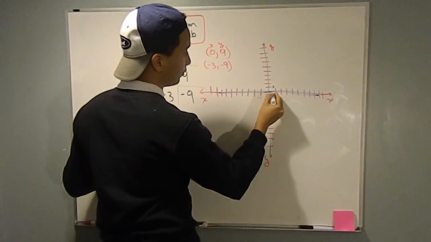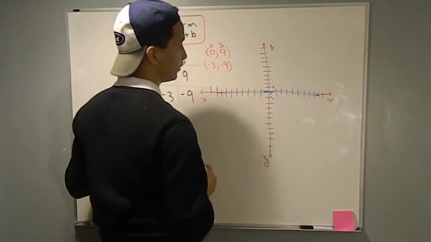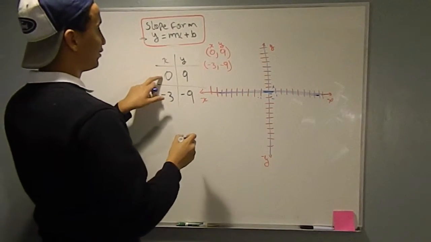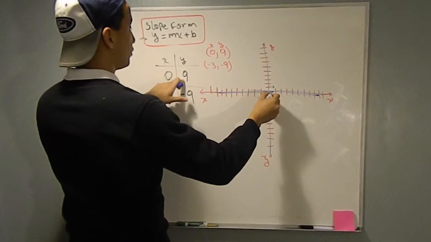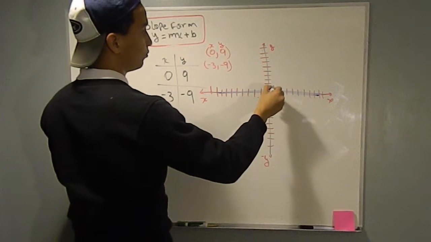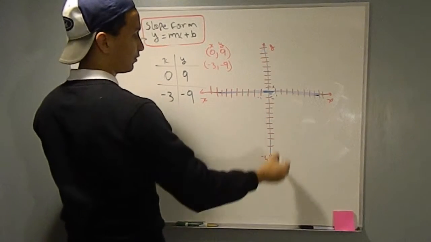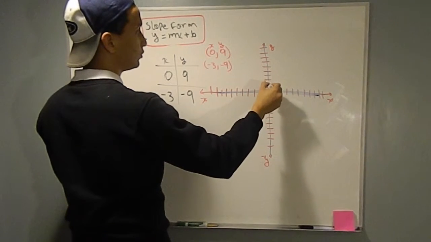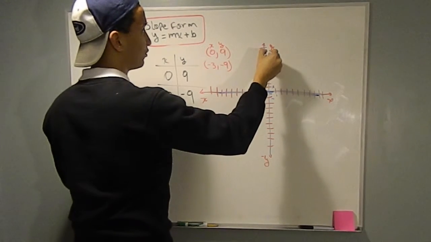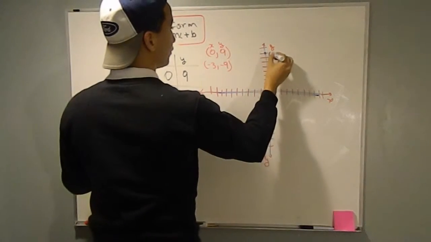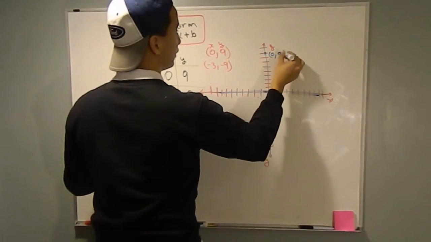This is not a point, this is just 0 right there. So when x is 0, we're going to go up 9 units, because y is this axis. So we're going to go 1, 2, 3, 4, 5, 6, 7, 8, 9. So this is our first point, and that says 0 and 9.